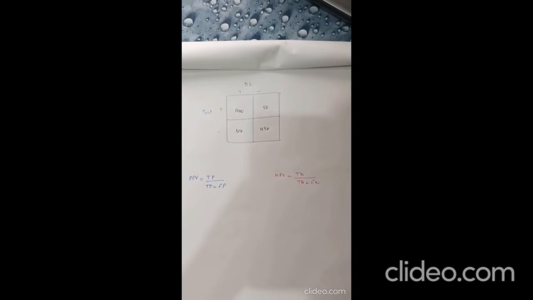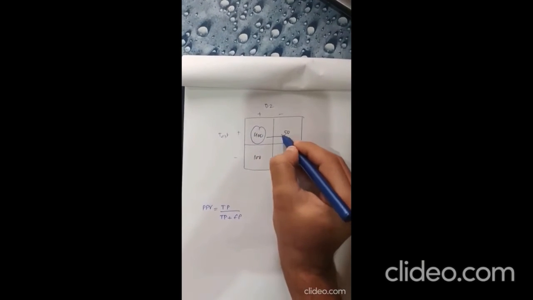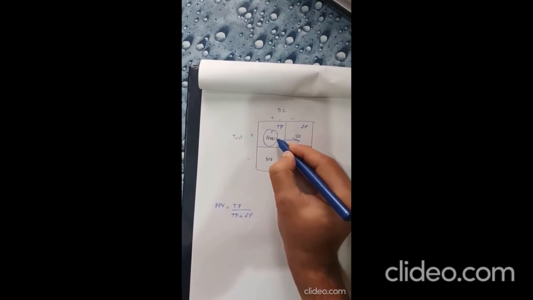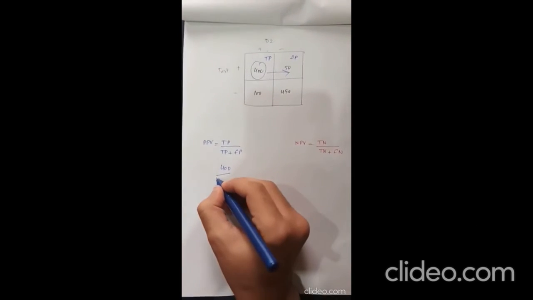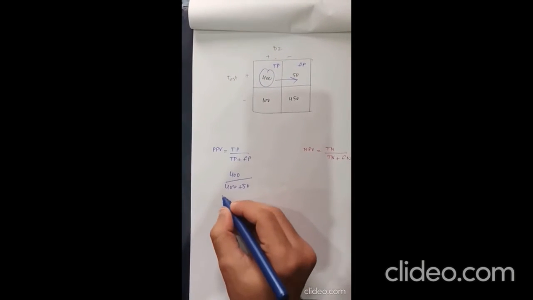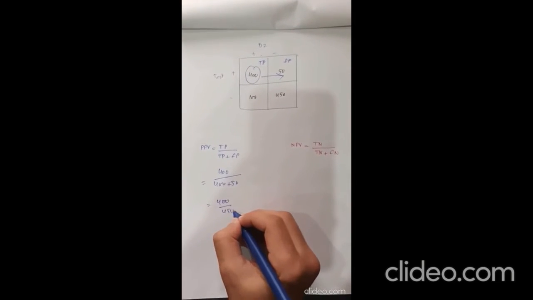I have already made the same thing for positive and negative predictive value. As we have learned, for positive predictive value, we will move from this side to this side. These are the true positives and these are the false positives. So 400 upon 400 plus 50 equals 400 upon 450.